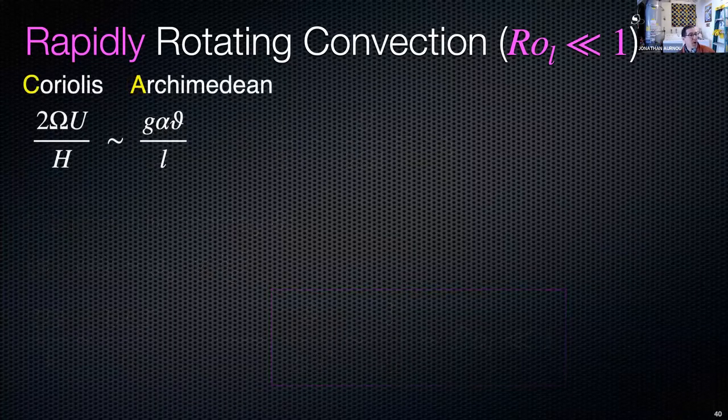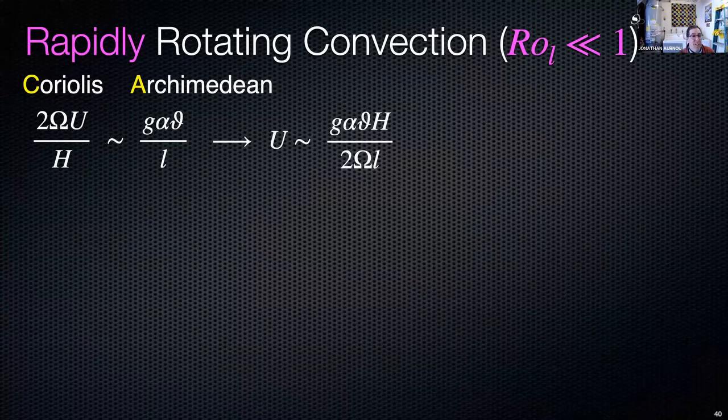Okay, now let's go to another of our possible balances. Let's balance the Coriolis term with Archimedean. So vortex stretching versus buoyancy torque. And if we scale this, we get U goes as G theta H over 2 omega L. I'm just rewriting the terms on the left.